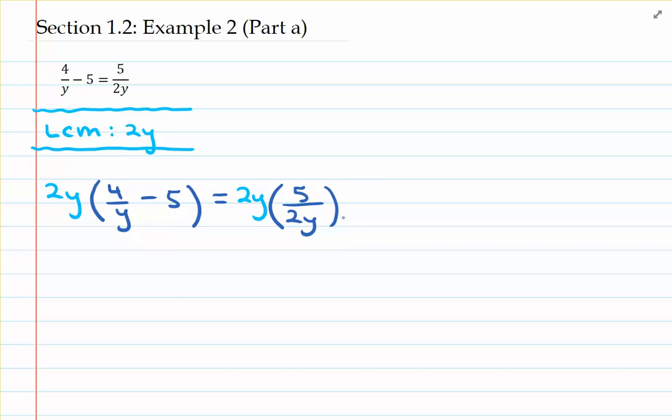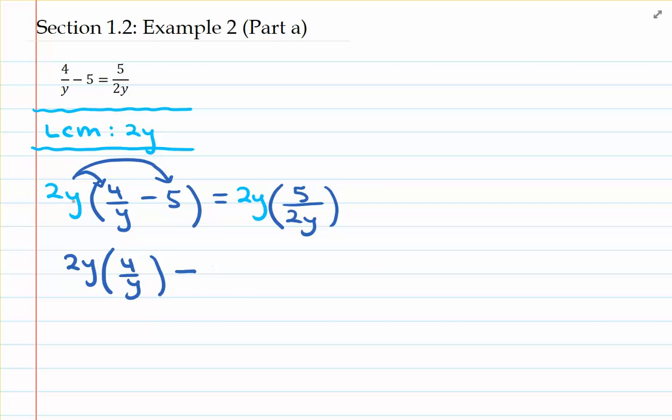So I mentioned distributing the LCM, and we'll go ahead and do that on the left. So 2y is going to get multiplied to 4 over y, but we'll also have to multiply 2y to the negative 5. So I'm going to write it out this way, 2y, and in parentheses, 4 over y.